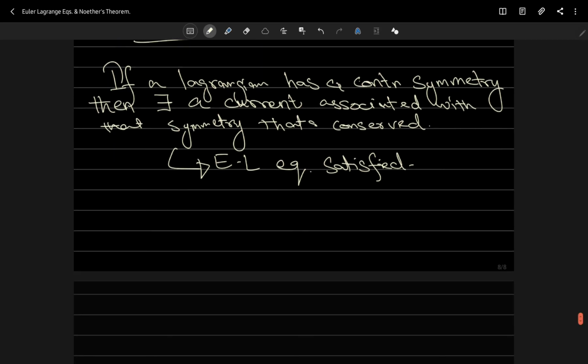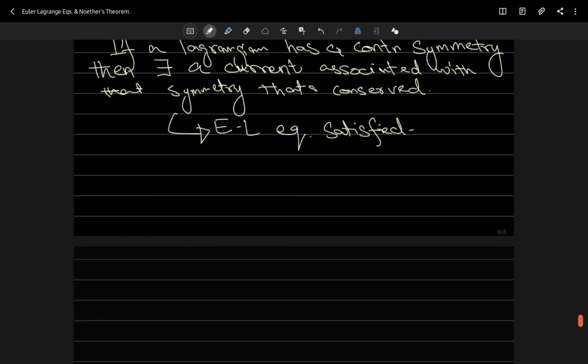Now again, note here that we needed to assume that the symmetry was continuous, so that the small variations, delta L over delta phi, delta L over delta alpha, could be taken.